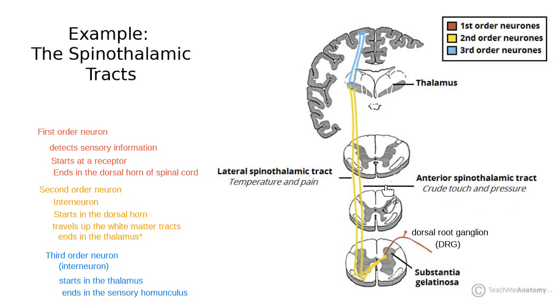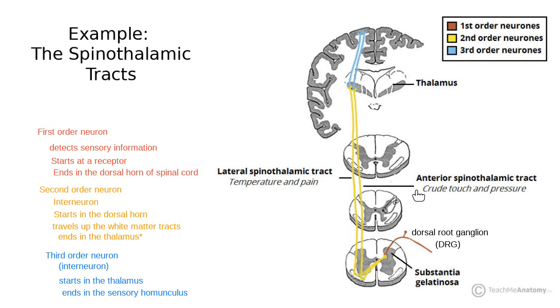If we're sending that information on the lateral side, that information is how hot or cold something is, or that's pain information. I told you this before, and I want to emphasize again, don't memorize the particular types of information that go up these two different tracks.